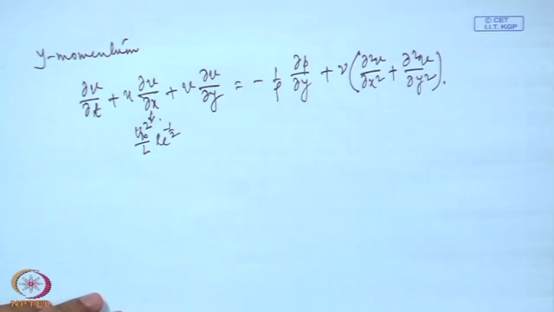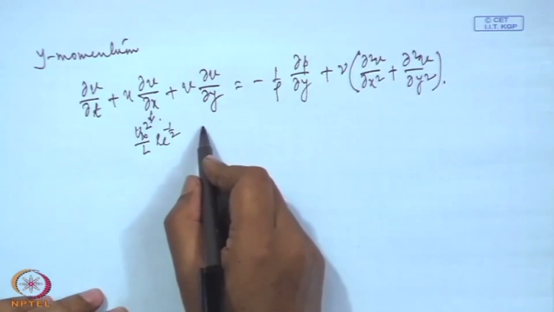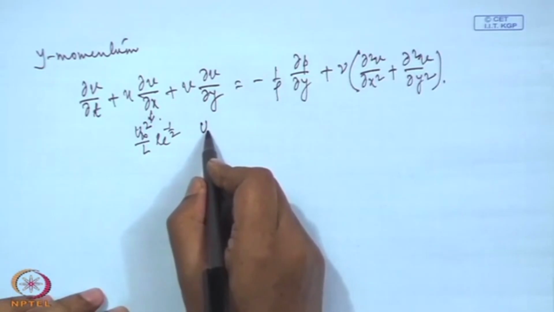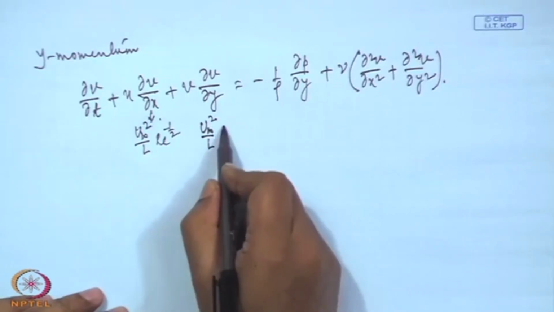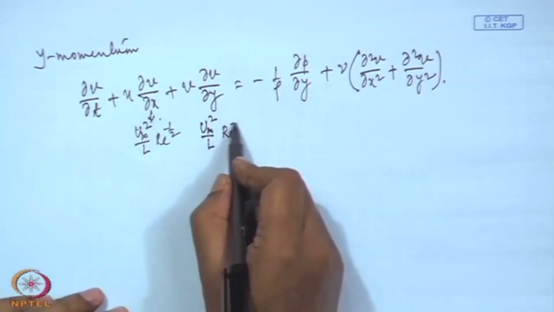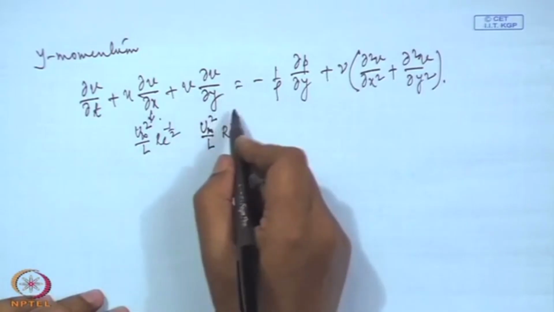Same. Re won't be minus 1, it will be minus 1. So, it is u infinity squared Re by L into Re to the power minus 1.